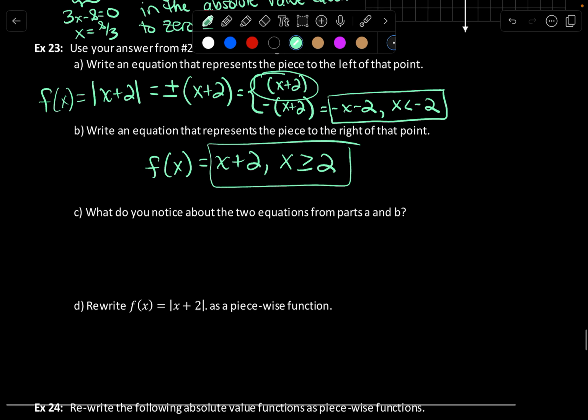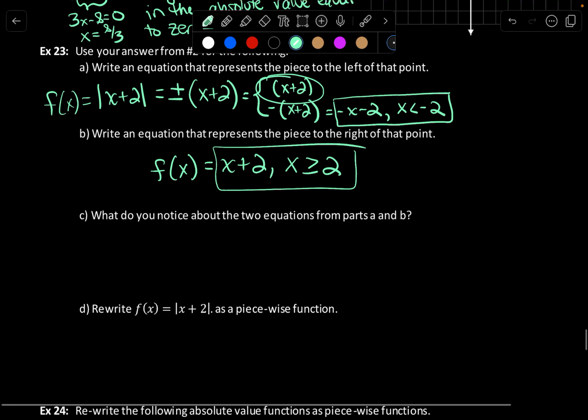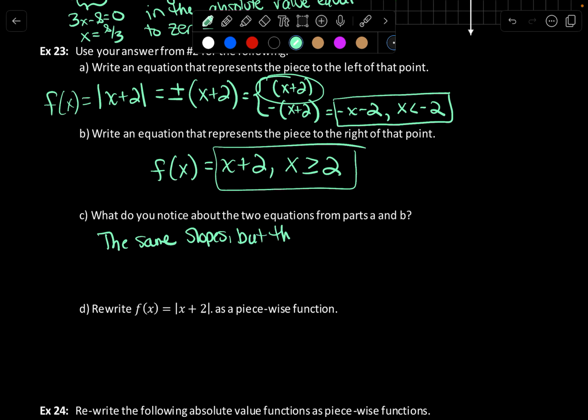So now, what do you notice about the two equations from parts A and B? It's what I've been talking about. They have the same slopes, but they are opposite. One is positive 1, the other is negative 1. They also have opposite y-intercepts, and that's because of that plus or minus that we did.